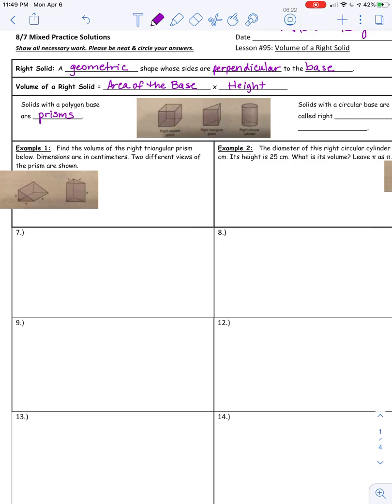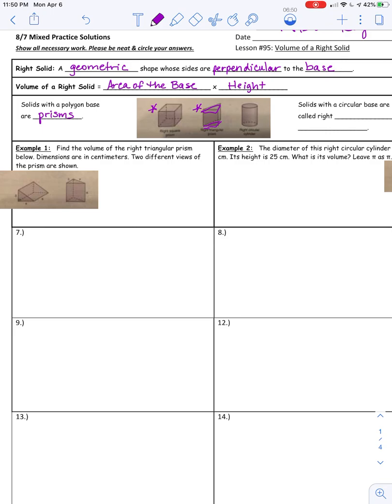So let's look over here. This shape right here, this right solid, is a right square prism. And then you also have a right triangular prism. If you were to look through each one of those bases, it would be like looking through a tent.